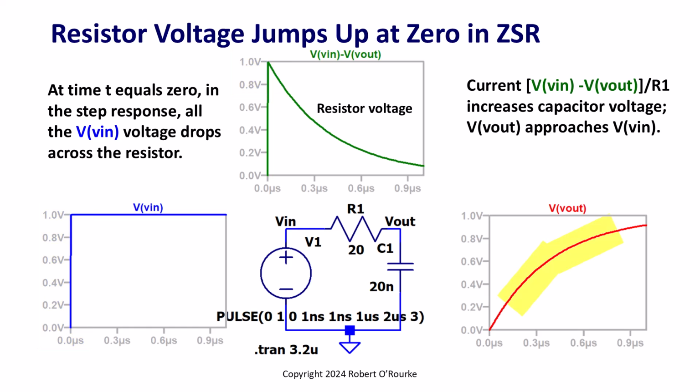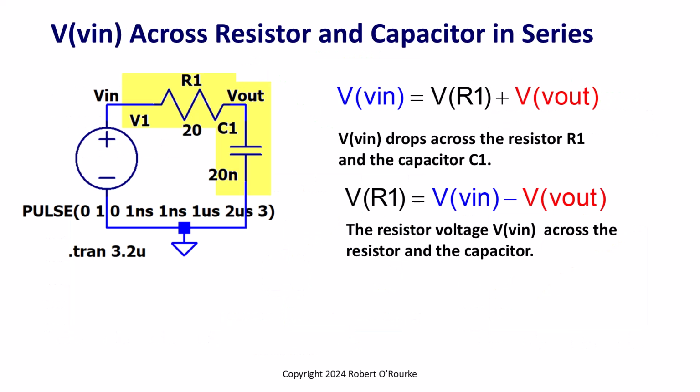Over time, V sub out voltage develops across the capacitor. Solving KVL, Kirchhoff's voltage law, for resistor voltage, we get V sub R1 equals the input voltage, V sub in, minus the capacitor voltage, V sub out.